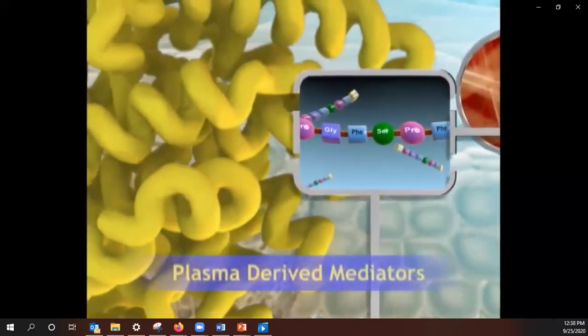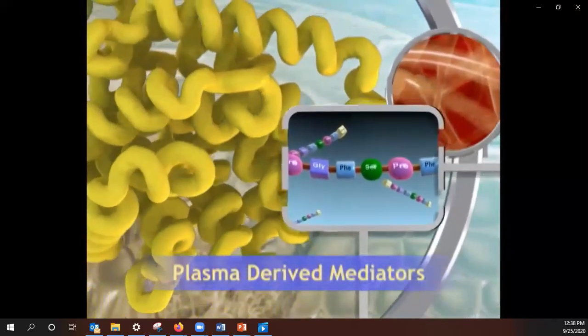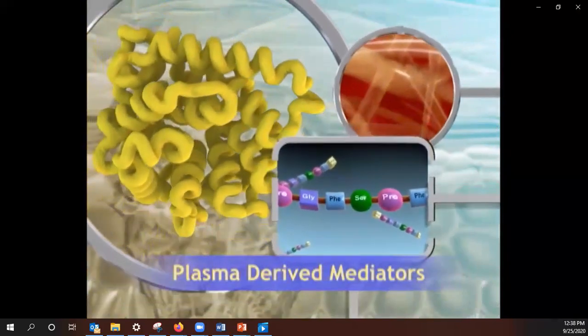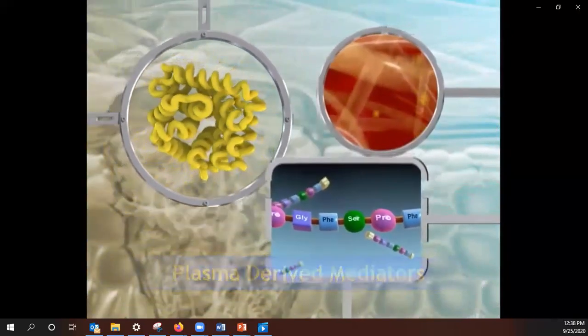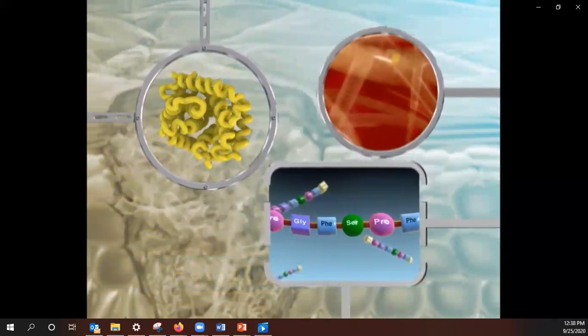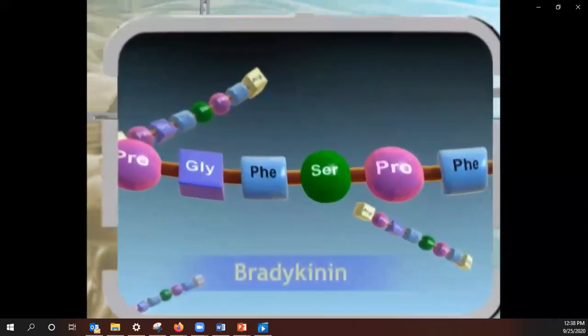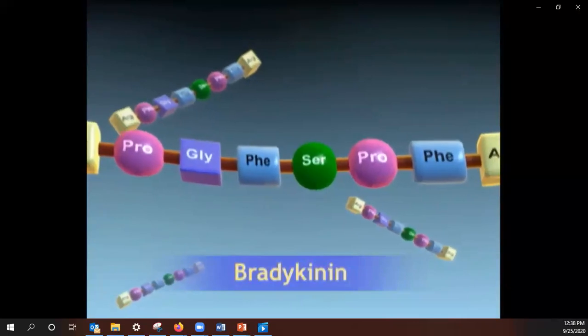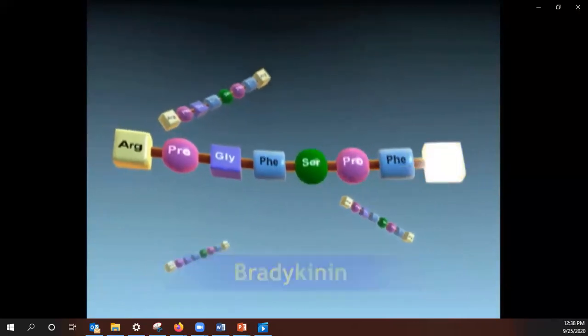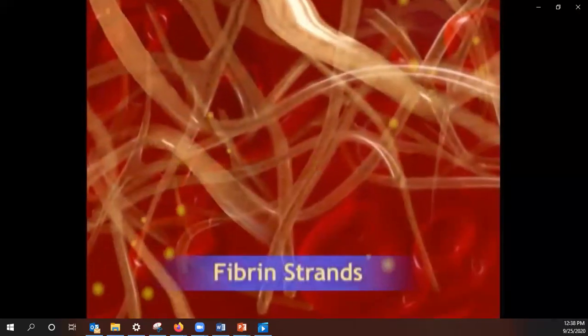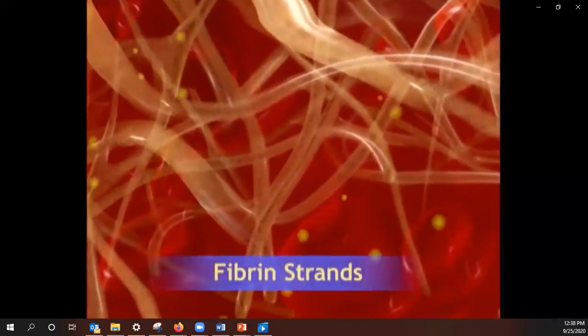The 3 major plasma-derived mediators are present in the plasma in precursor forms that must be activated, usually by a series of proteolytic enzymes. The kinins increase capillary permeability and stimulate pain receptors. The clotting system traps exudates, microorganisms, and foreign bodies.